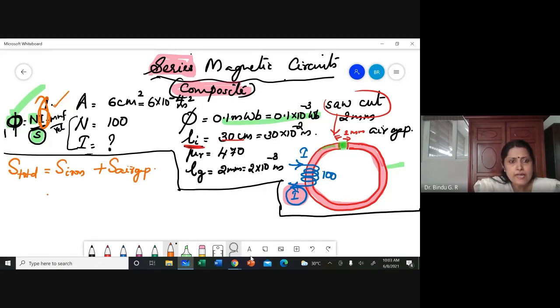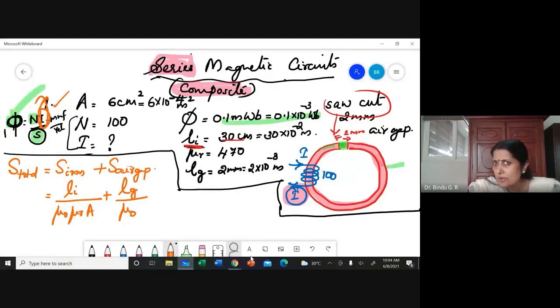So reluctance of the iron will be Li by mu0 mu r into A. Area of cross section remains the same, so we do not have any problem. Plus Lg by mu0 into A, since mu r is equal to 1. Both these areas are the same.